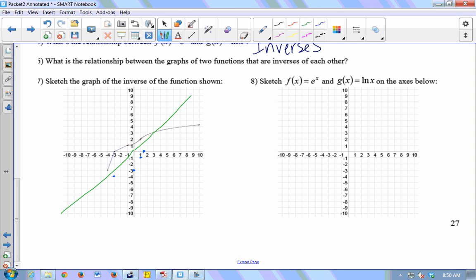Okay, so these kind of curve from, oh, and then this one is at 1, comma 2. 2, comma 1 then would be on my graph. Okay, so there's my reflection for the right half, and then this is going to be kind of a little bit of a curve like that, and then like that.